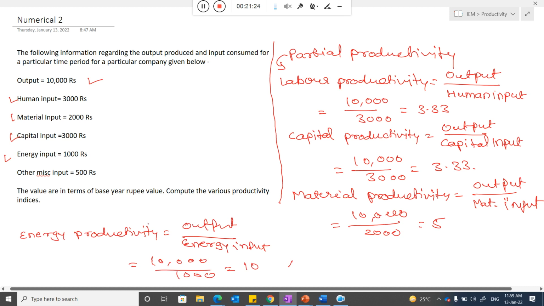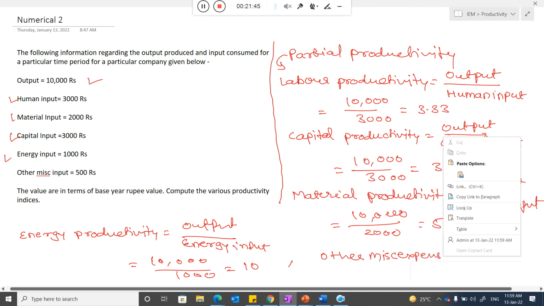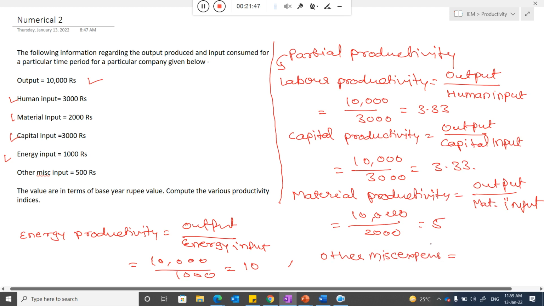There is one more thing, the other miscellaneous related thing. Also you can calculate other miscellaneous expenses productivity, which is equal to output divided by other miscellaneous expenses.